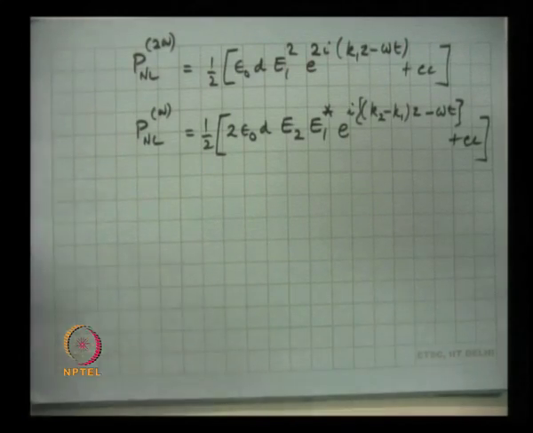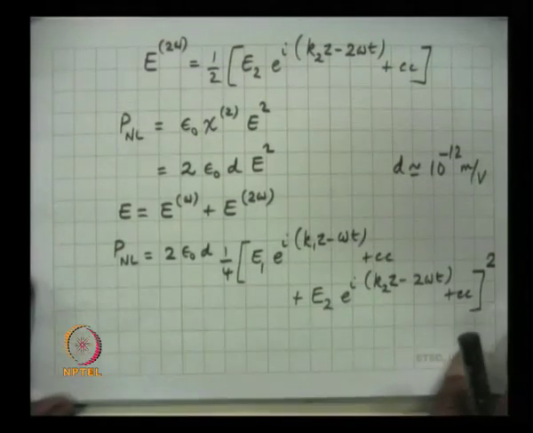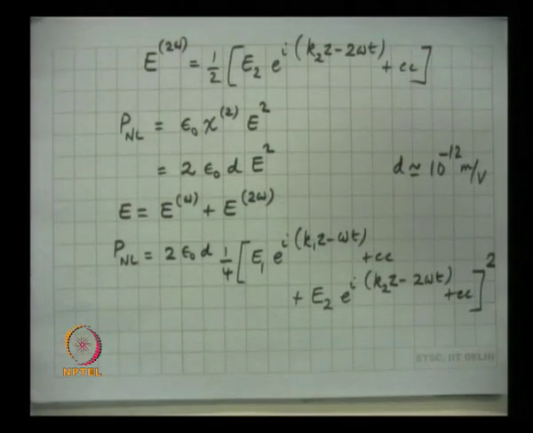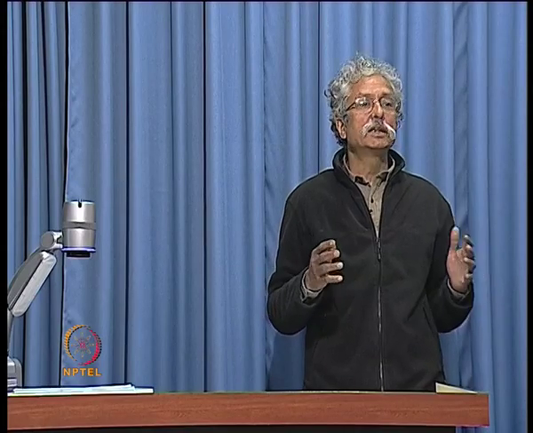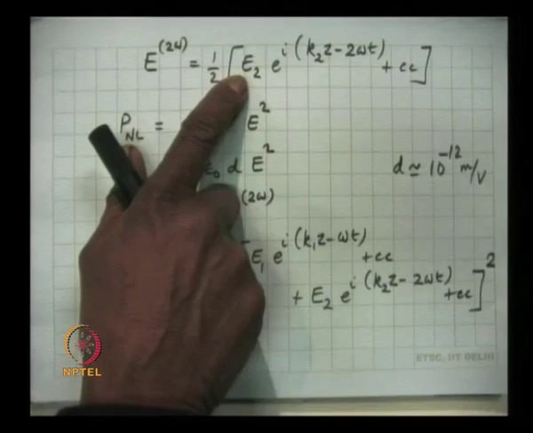So, this is my equation of the electric field at 2 omega. Now, please note that because of this generation, the complex amplitude of the second harmonic will now be a function of z. z is the propagation direction, because at the input to the crystal there was only frequency omega present, but as the wave propagates the 2 omega frequency gets generated.